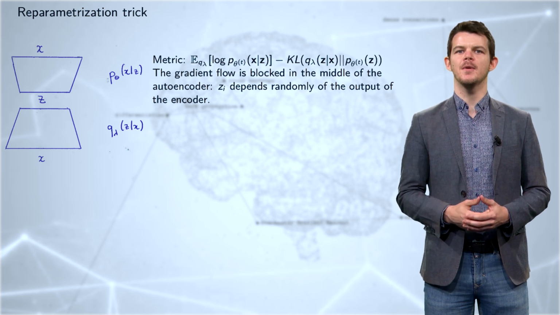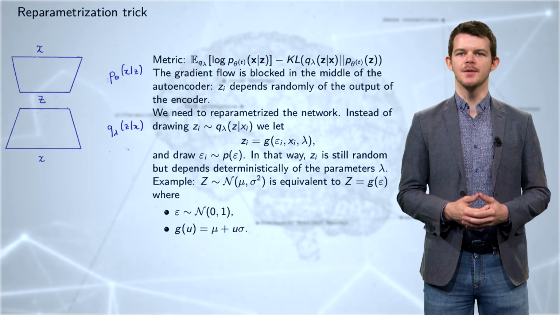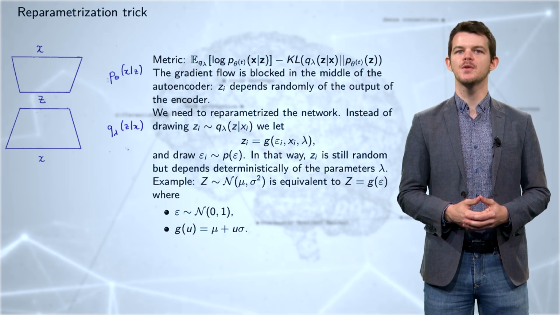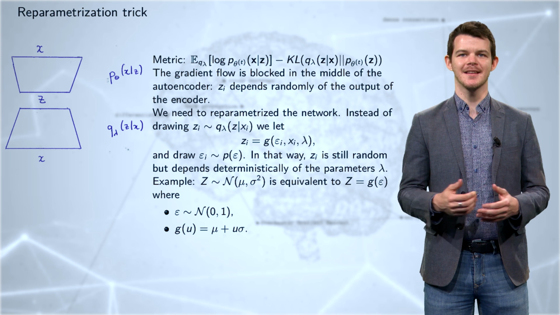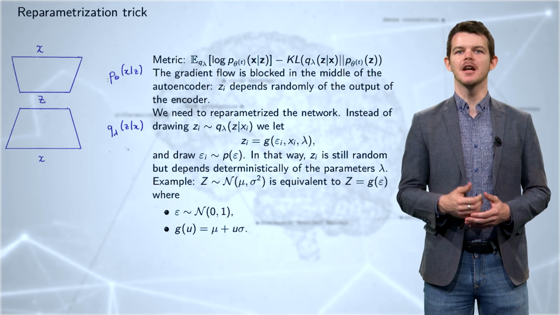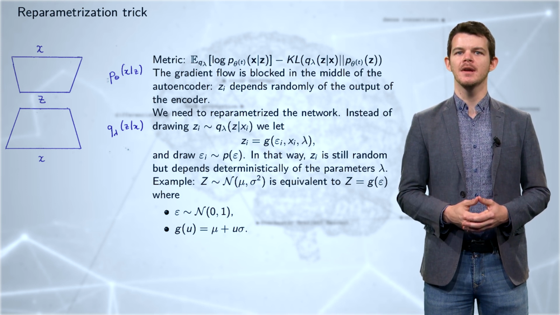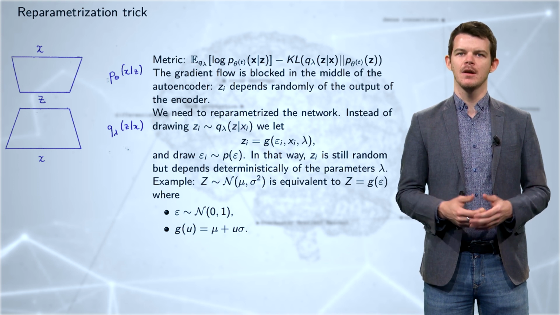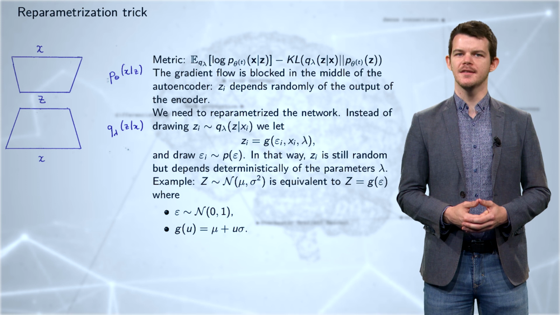To solve this problem, we need to reparameterize the network. Instead of drawing z_i from the distribution q_lambda(z given x_i), we let z_i be a function of a random variable epsilon_i, x_i, and lambda. The function itself is deterministic.